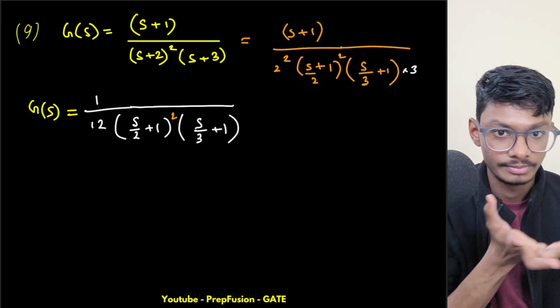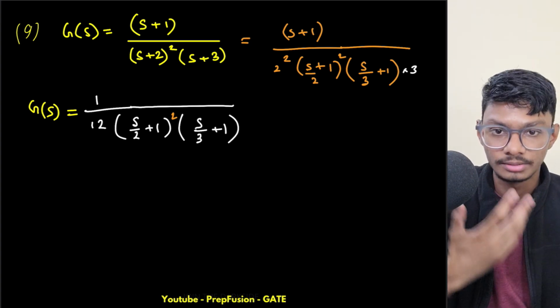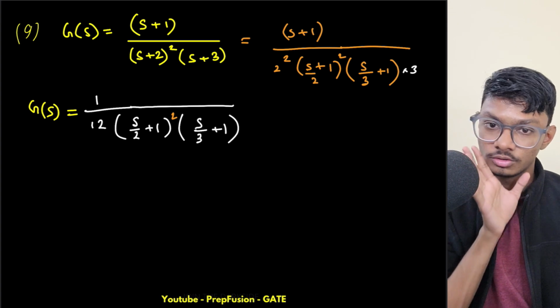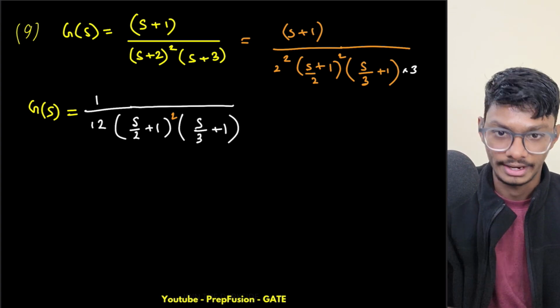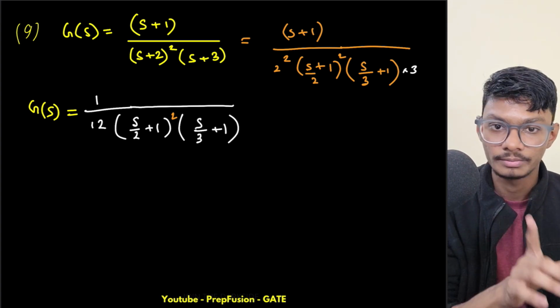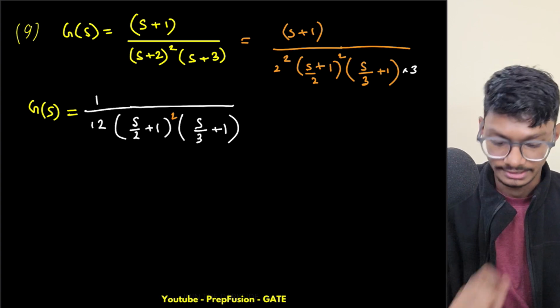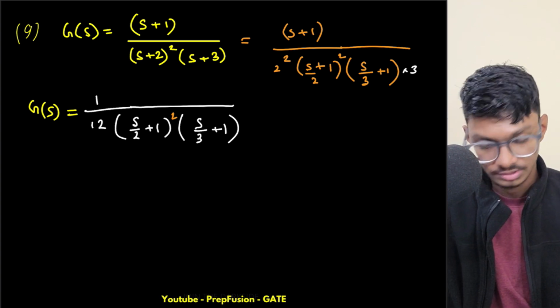Now I won't write the table, as we are slowly becoming accomplished that we don't need to draw the table for this Bode magnitude plot. For the phase plot we may need to, but for Bode magnitude you can do this directly. That's why Bode plot is so convenient.